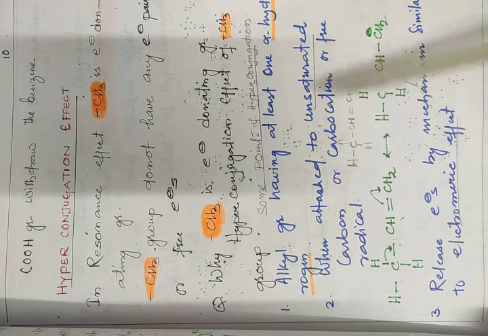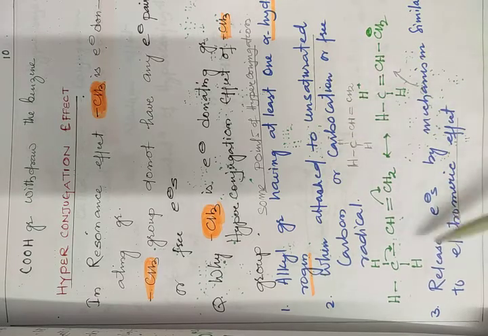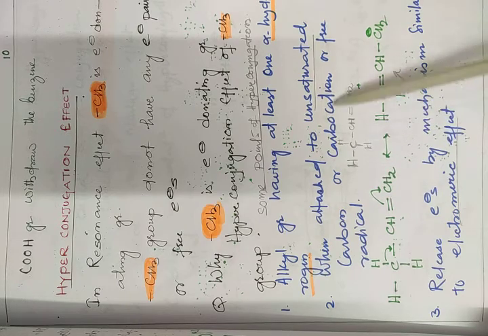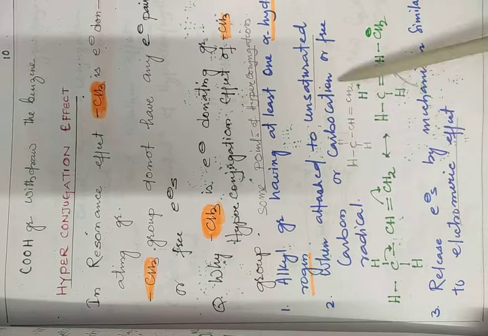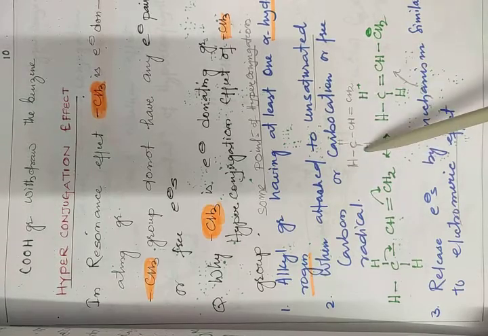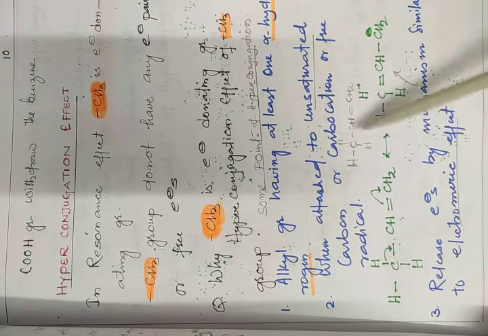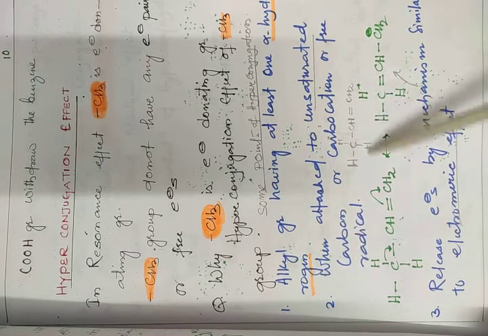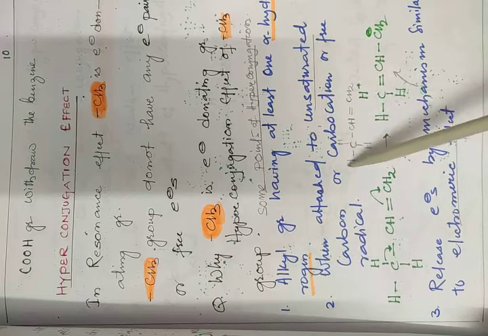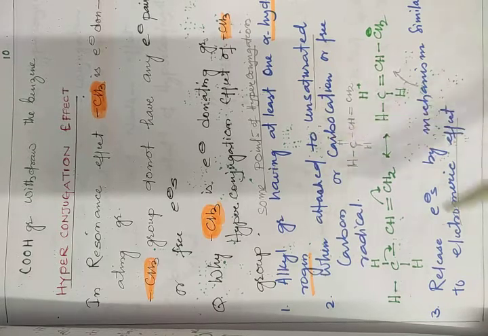Here is an example: this one is an unsaturated compound, and here 3 hydrogens are there. These 3 hydrogens are alpha hydrogens only.